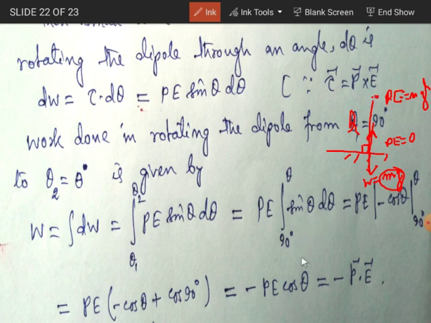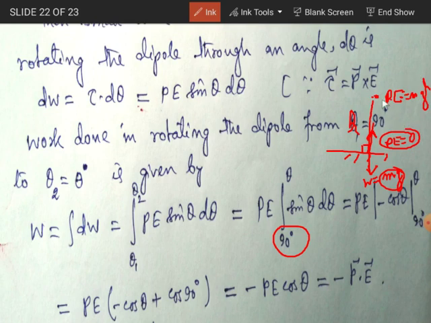Here also, the reference point should be the position where work done is 0. We need to take it from work done 0 to that position where we want to find the potential energy, right? Gravitational potential, I mean. So gravitational potential at this position of height h is equal to this.